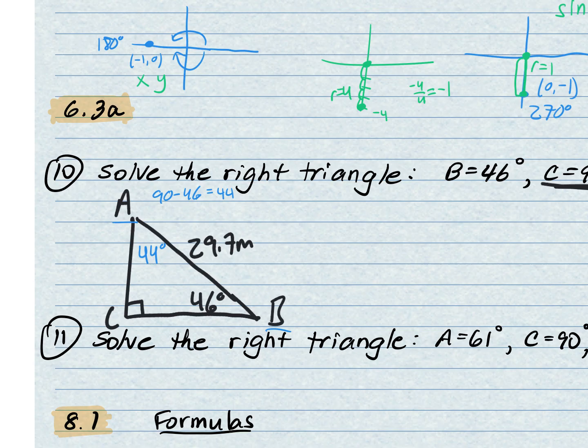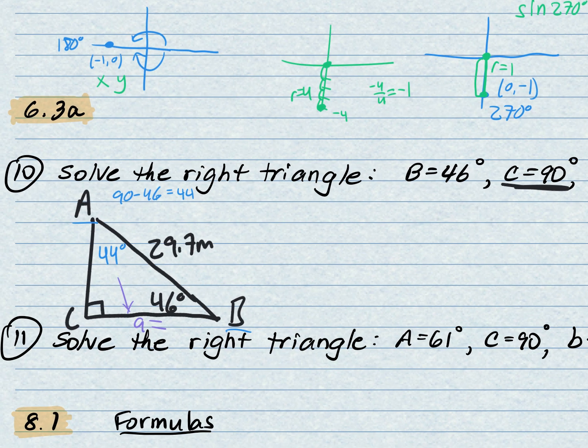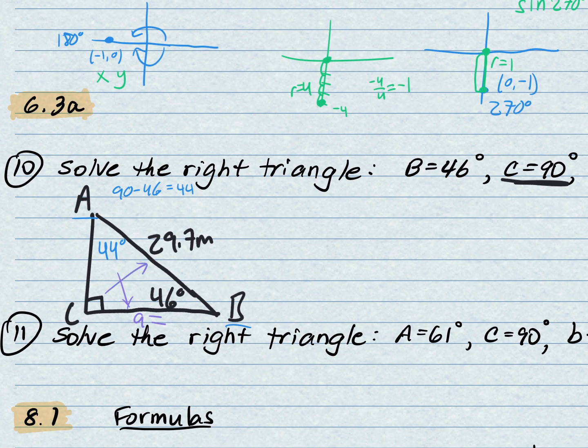Now to find your sides, I only have one side out of the three. You can use one of your trig ratios, SOHCAHTOA. So let's say I wanted to find side A. You can use any of your angles for that, either A or B. Let's use A. If you use angle A, notice that this angle is opposite of our side, and we are also given a hypotenuse.